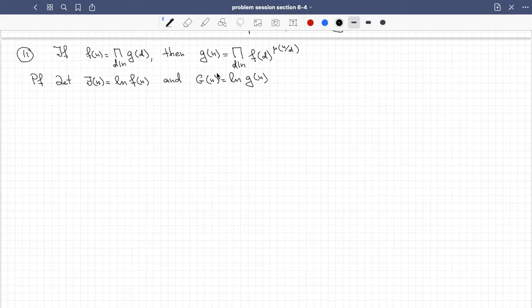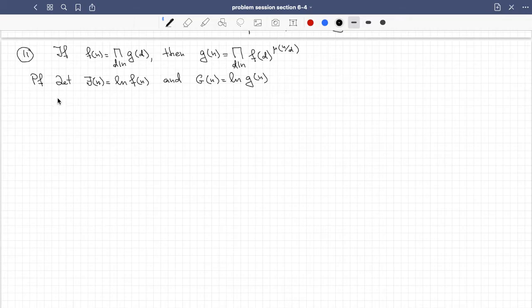Now, let us write this identity in terms of capital F and capital G. For that, we take logarithm of the identity. Logarithm takes products into sums.